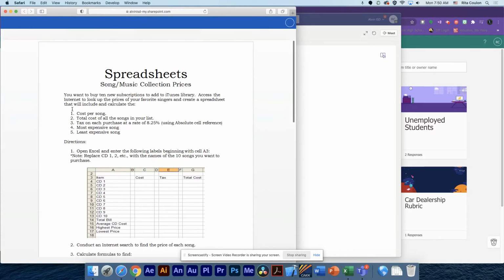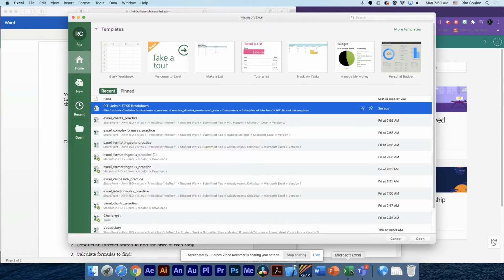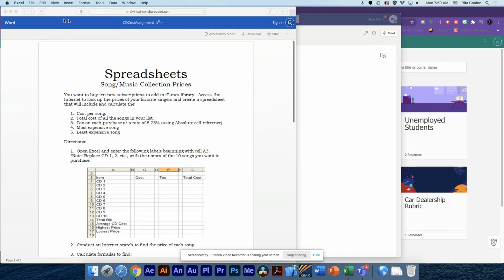All right, so here we go again. This is how you are going to set up your sheet. It's like the directions in the middle. So I'm going to open a blank workbook, and I'm going to set my workbook up.